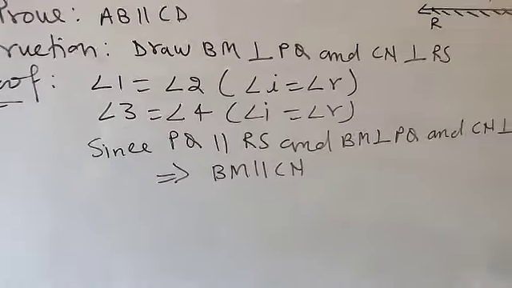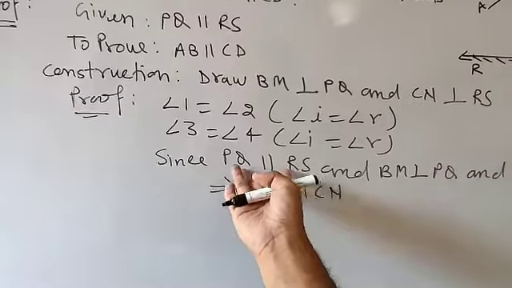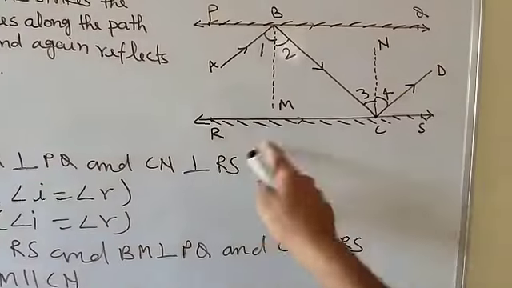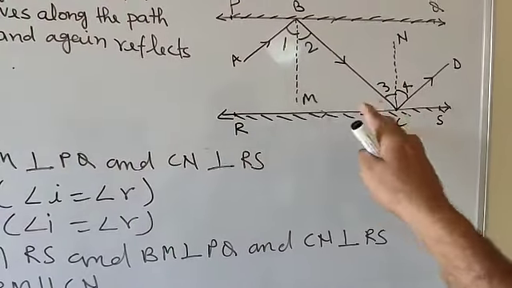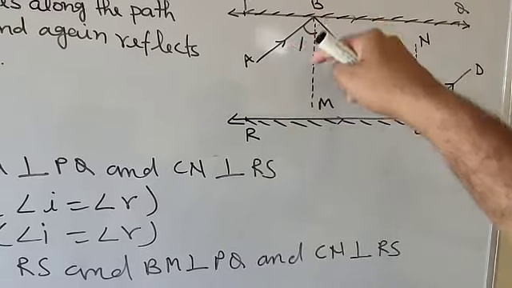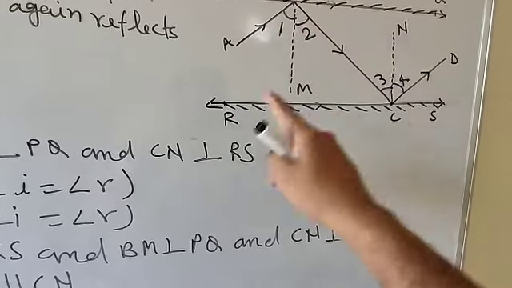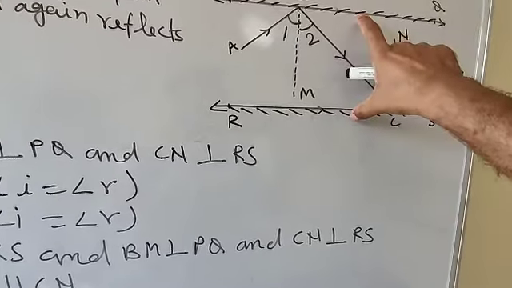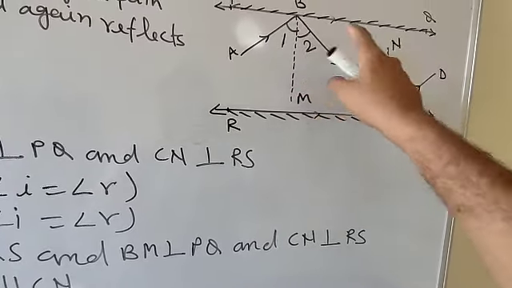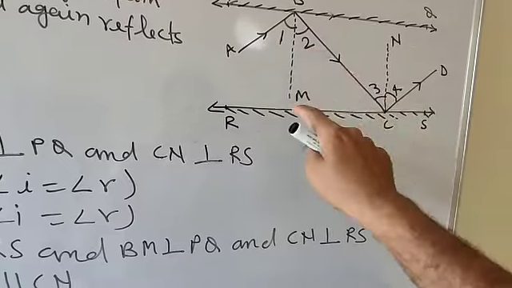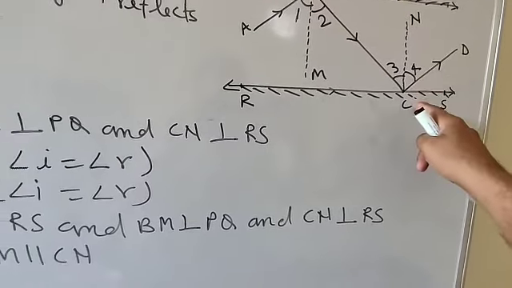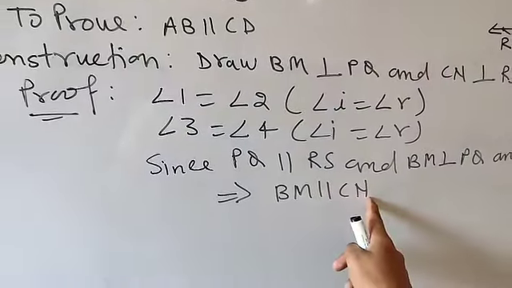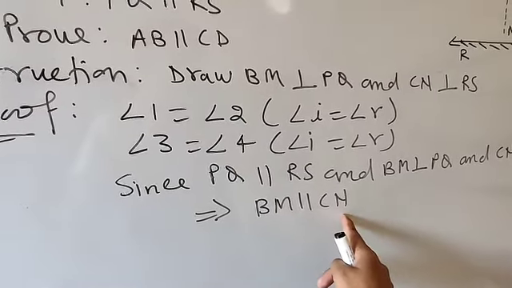What does this mean? If two lines are parallel and you draw perpendiculars on both lines, here I have drawn BM perpendicular to the first parallel line and CN perpendicular to the second parallel line, then the perpendiculars on both the lines will also be parallel. So that's why BM parallel to CN.